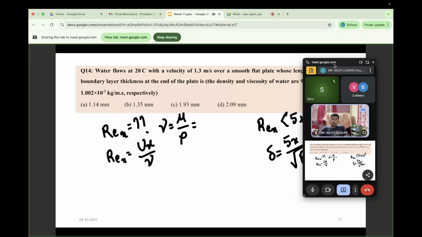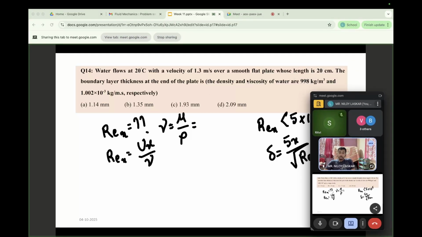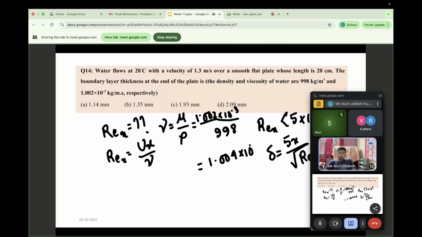Mu is given here, and rho is 998. So if you calculate, it will come around the same value, 1.00 into 10 to the power minus 6.